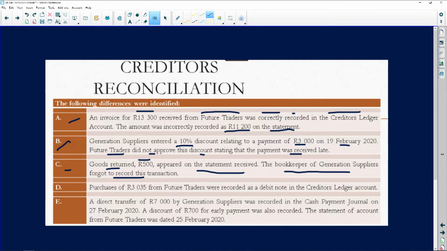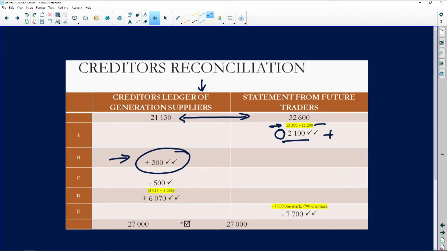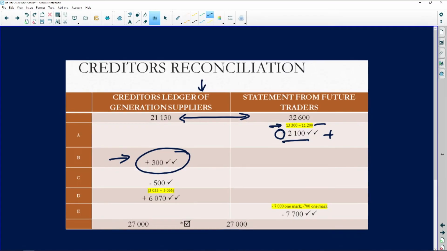Clearly, you can see that once again, we returned goods. The statement is showing that the goods have been returned. They've done the necessary entry. We did not record that entry. We must now record that entry. The error is in our books. Therefore, we record the entry. Goods were returned, meaning we owe the creditor less, minus 500 Rand.